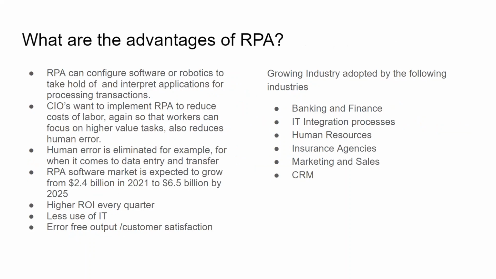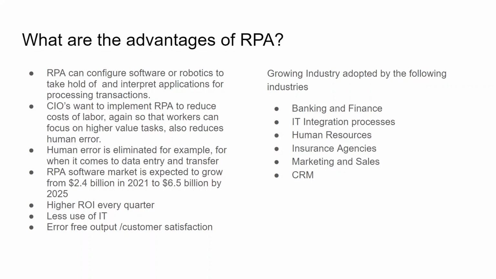What are the advantages of RPA? RPA can configure software or robotics to take hold of and interpret applications for processing transactions. CIOs want to implement RPA to reduce the cost of labor, again, so that workers can focus on higher value tasks. It also reduces human error. Human error is eliminated, for example, when it comes to data entry and transfer.